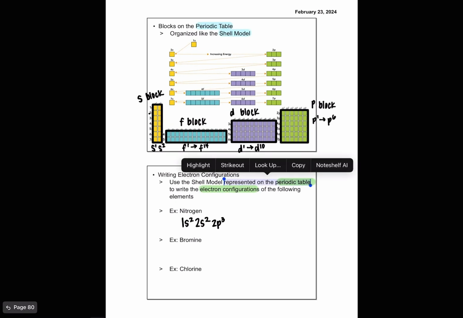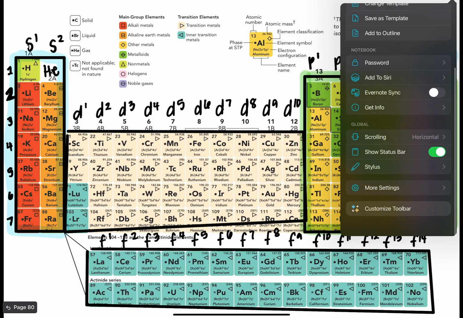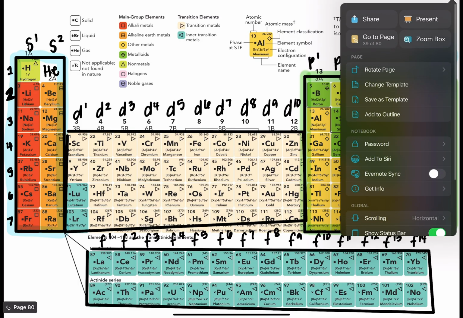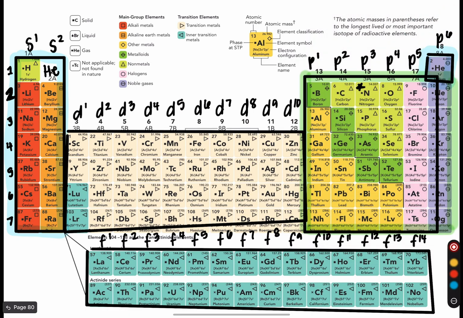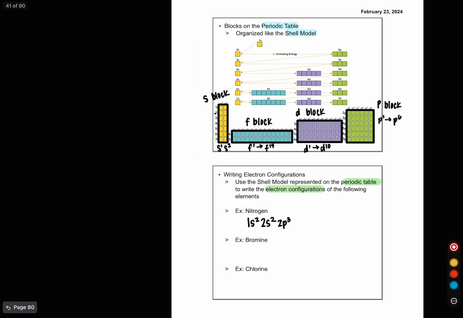Now I'm going to model that on this labeled periodic table, and I'm going to try to use a laser pointer to make this a little bit easier. I think I might have to change the mode here to present mode. There it is. Perfect. So when I'm figuring out nitrogen's electron configuration, what I'm going to look for is what elements came before it, and I'm going to fill that block. So the 1s block got filled up, which is why I have 1s2 to start my electron configuration.